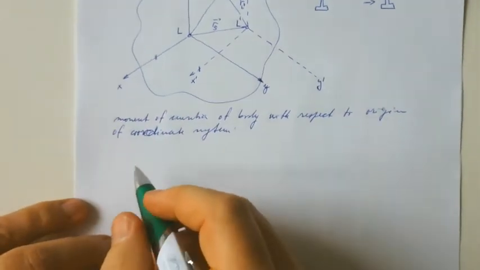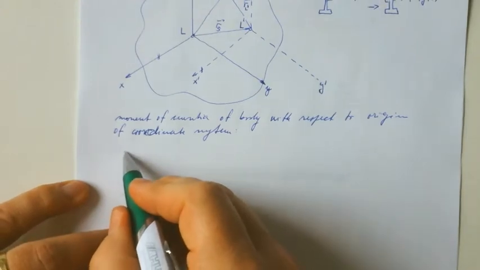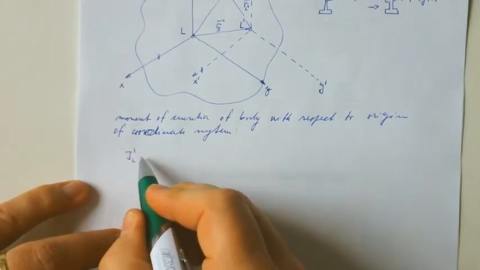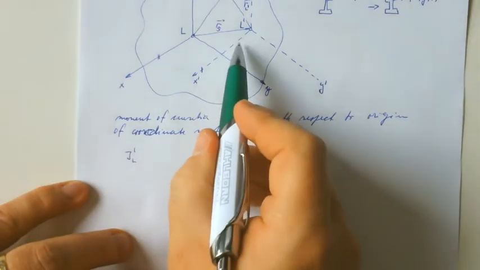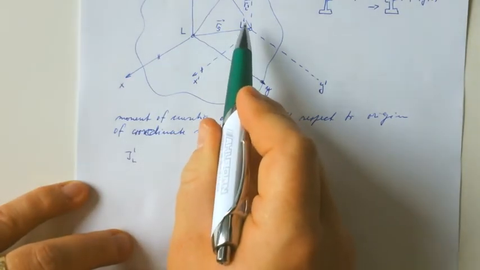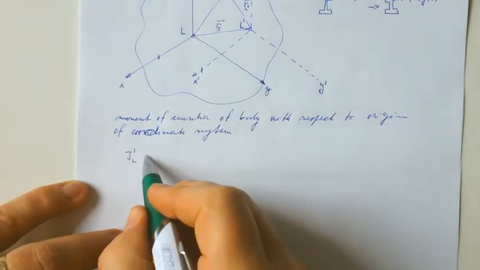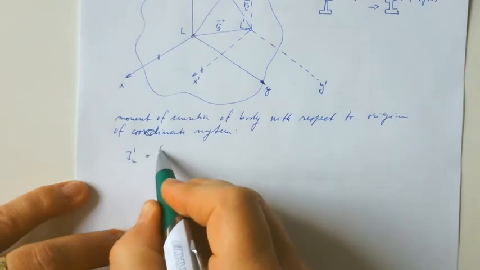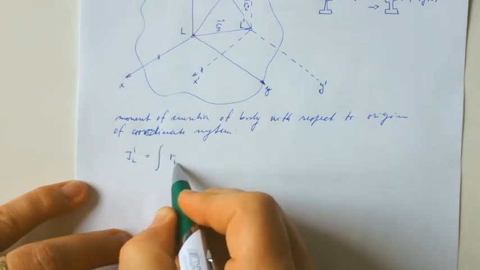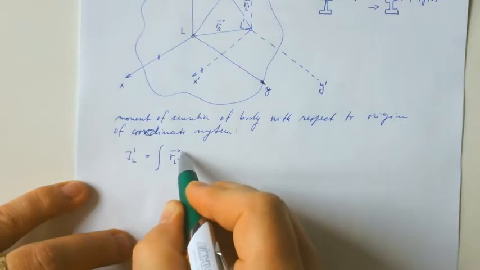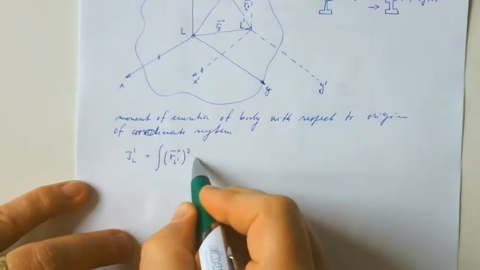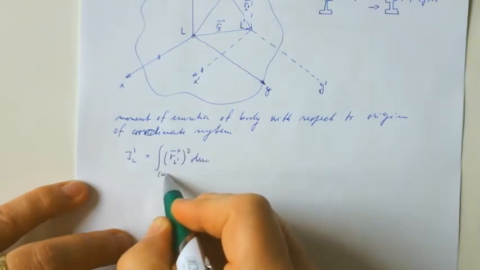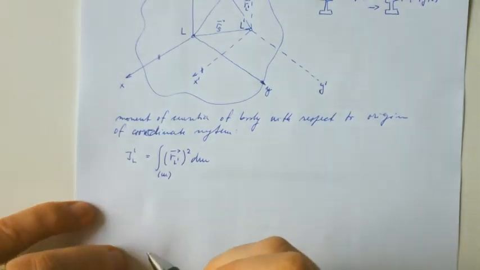You maybe already know that JL with prime is given as an integral of RL prime square dm over all mass.